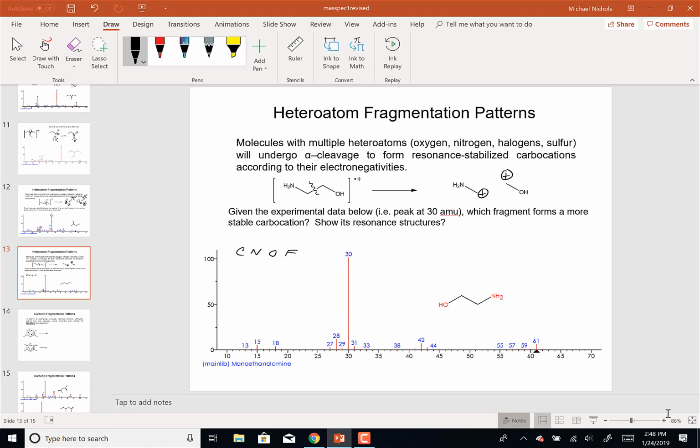Have we done the first part yet? So we have the two resonance structures.